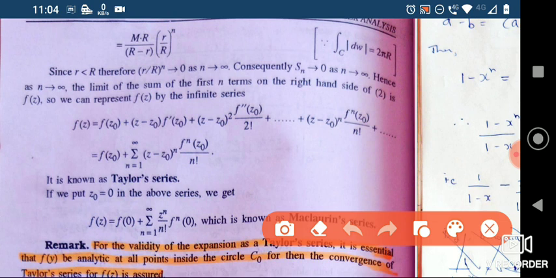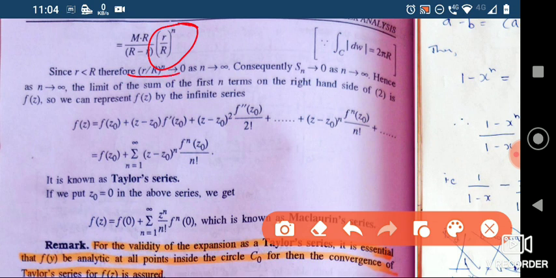If you divide a smaller number by a bigger number, it will be lesser than 1, right? So this will be something of the kind 2 by 3 power n, which is less than 1. Therefore r by R power n tends to 0.